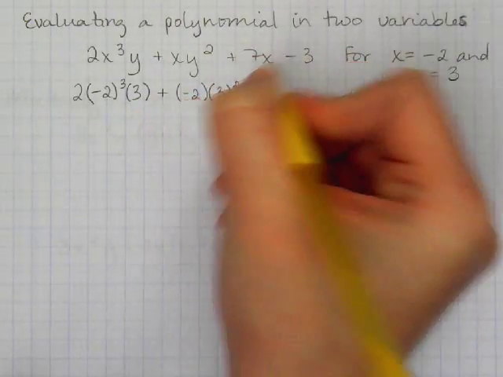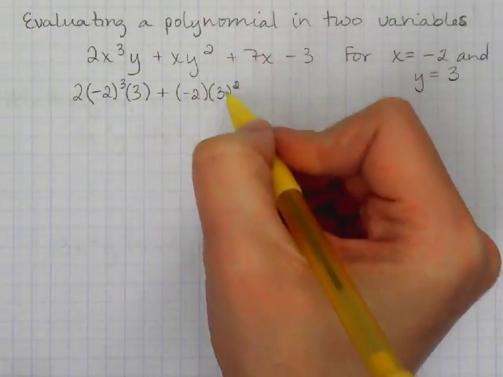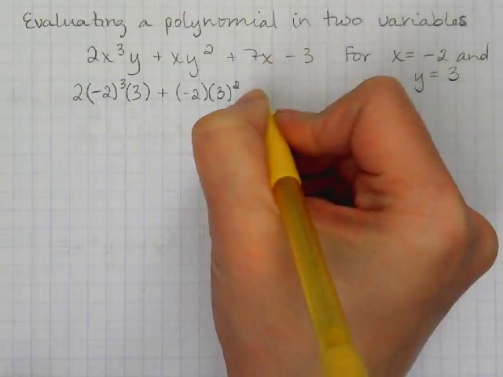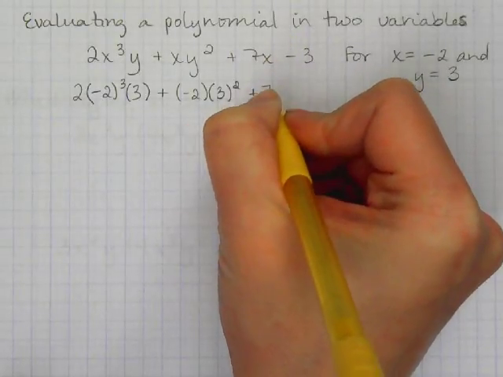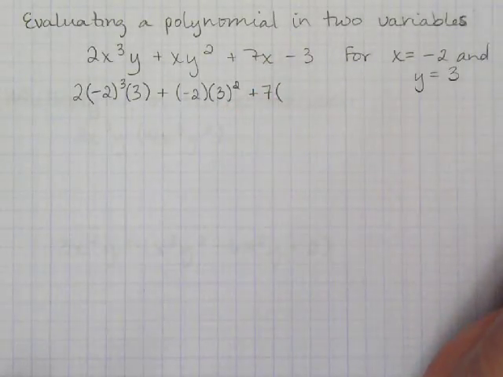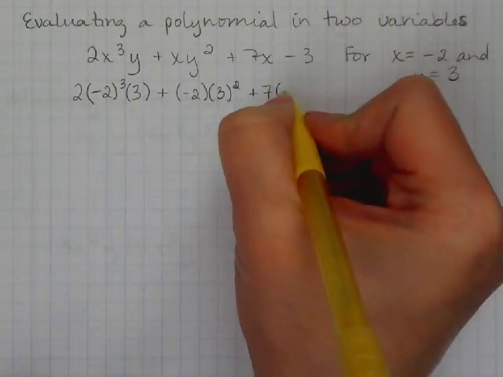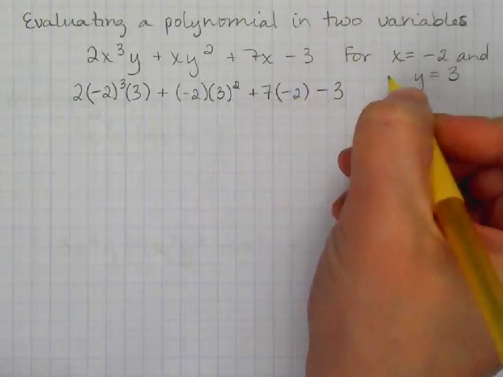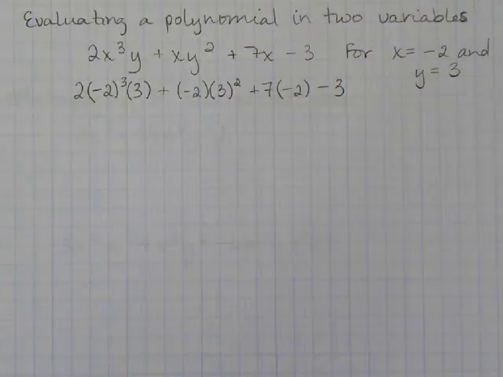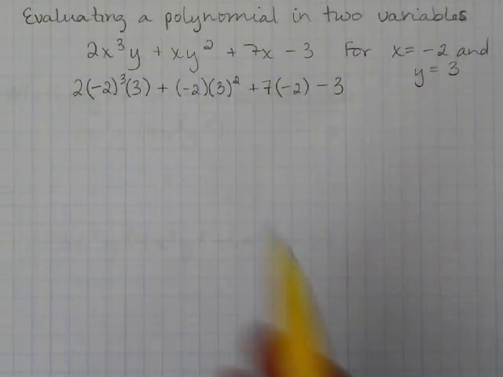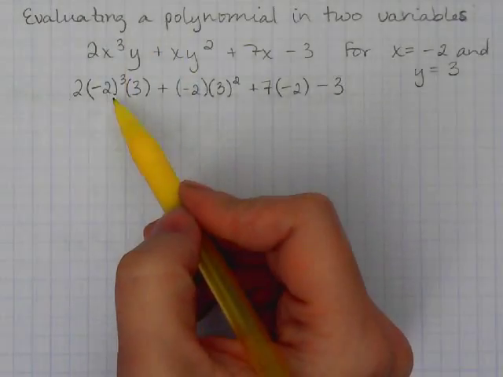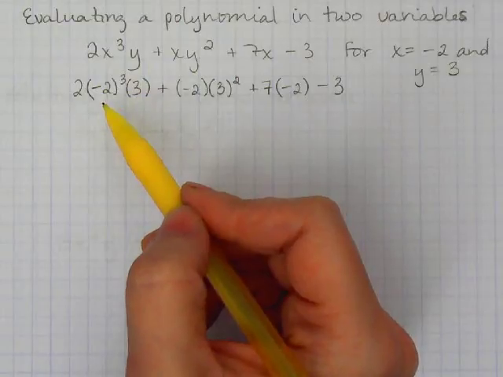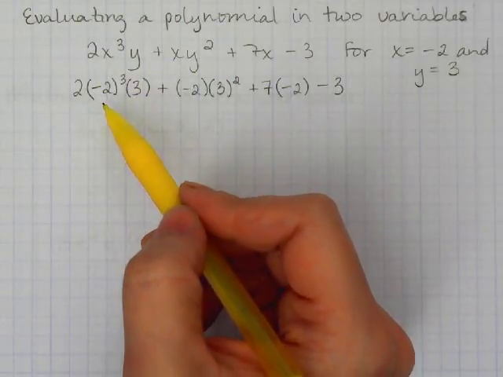So I'm going to drop down this 2, rewrite negative 2 to the third power as negative 8, drop down my 3, and I'm keeping all this in parentheses so that I know I'm multiplying and I don't get them smushed into one number. Drop down my negative 2 here. What's 3 to the second power? 9. So I'm rewriting that as 9. And then I'm just going to drop everything down for this step.